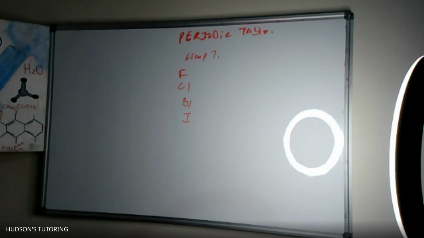All right, good. I'm going to ask a question to see if you are learning and if you can apply yourselves, because that's what chemistry is about. Going down the group, listen carefully.